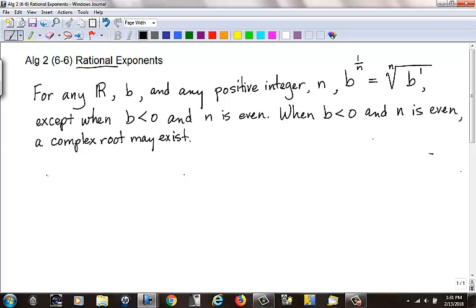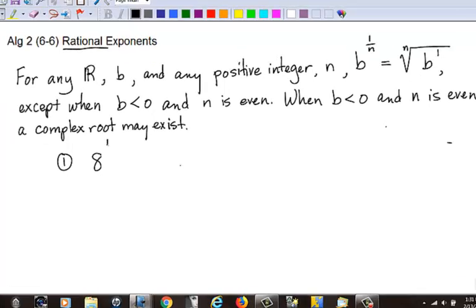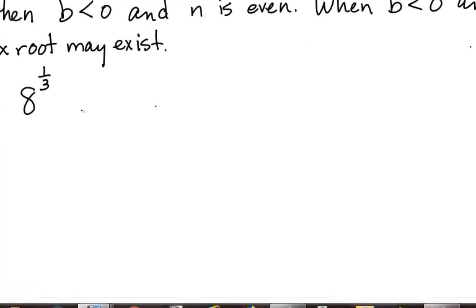So they will give you problems like this: 8 to the 1/3 power. Don't let the rational exponents scare you off. If you're in exponential form, you go to radical form. If you're in radical form, go to exponential form. So we want to go from exponential form to radical form. The number on the bottom, or the denominator, is the index.